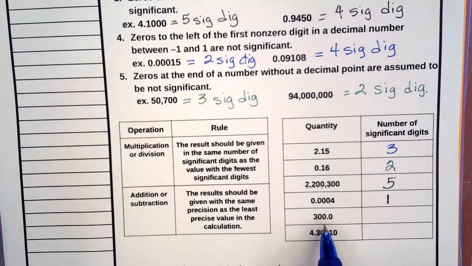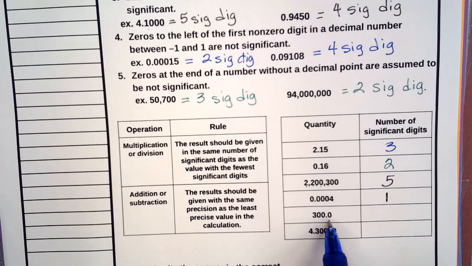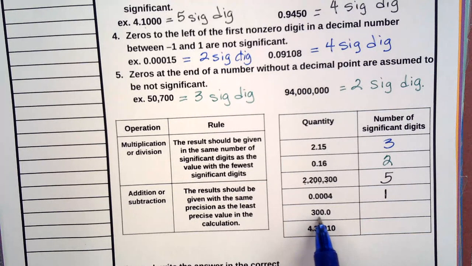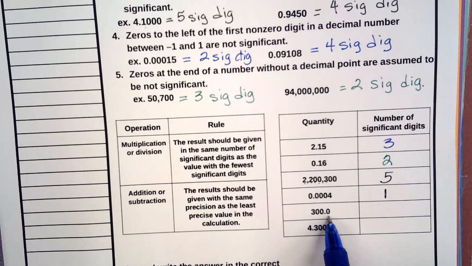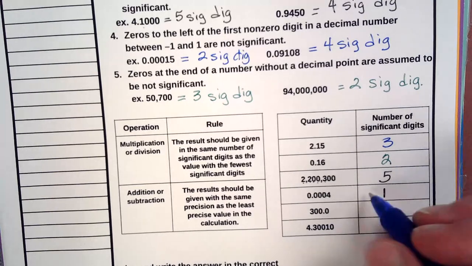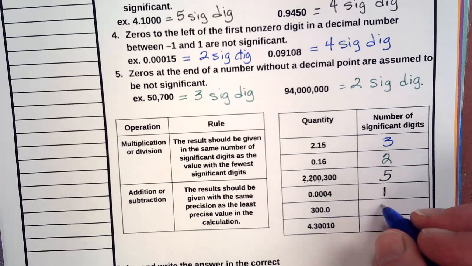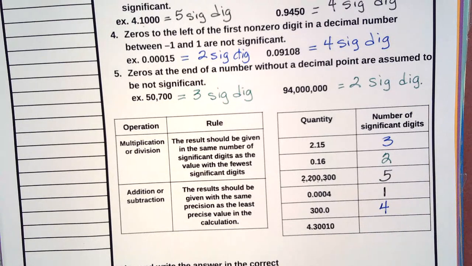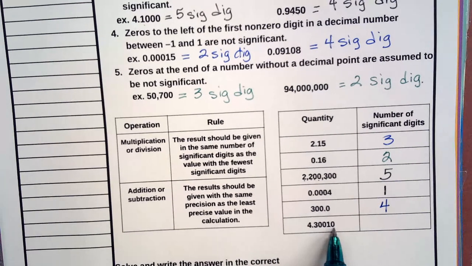What about the number 300.0? All 4 of those digits will be significant because we're going 1 digit past the decimal. So this would have 4. Okay, what did you get on the last one? You've only got one number.